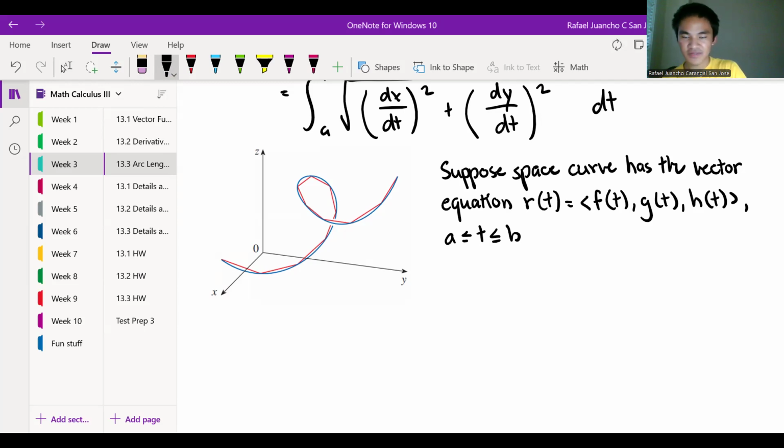So here we assume that the derivatives of each component function, f prime, g prime, and h prime, are continuous. At least that's from my experience with these calculus courses.